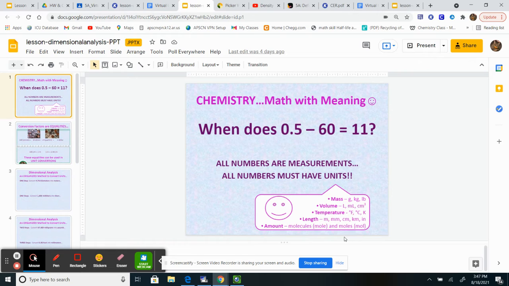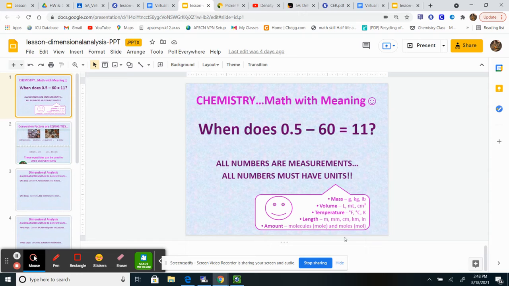So when I give you the example of when does 0.5 minus 60 equal 11, in a general sense of what we understand from math, that statement should never be true. But if we add units, then that problem could be true.